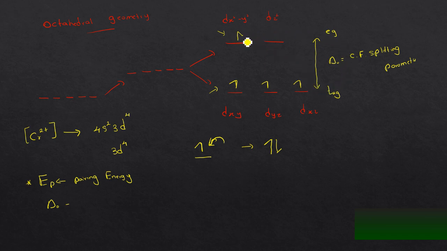If I'm going to put the electron onto this existing orbital, then I have to overcome the energy barrier of pairing energy. So in either case, I need to overcome an energy barrier. So whichever energy barrier is the lowest, that's going to happen.